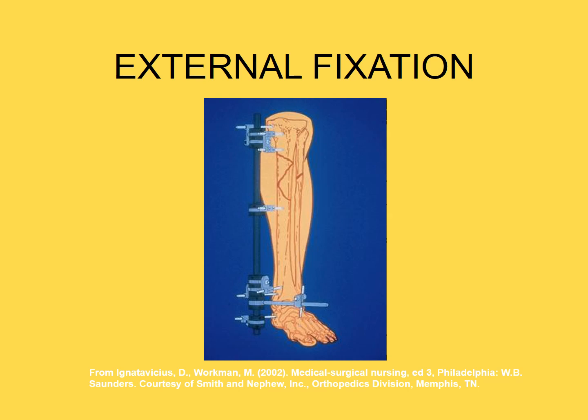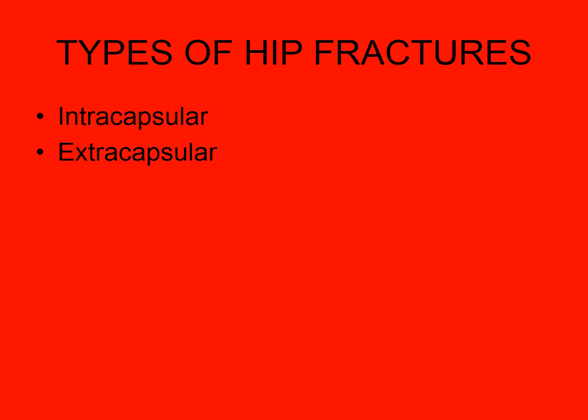Next slide. So types of fractures. Now we're talking about intracapsular versus extracapsular fracture. So talking about intracapsular and extracapsular hip fracture. With intracapsular, the bone is broken inside the joint. That's what it means.